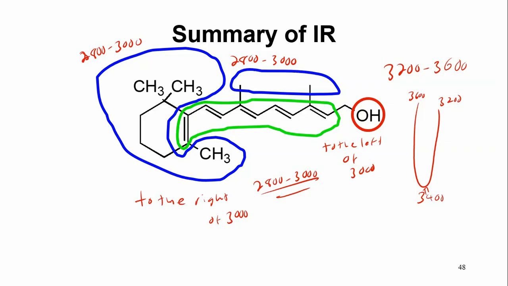We have 3000 here. This way, it's to the right. The CH of an alkyl group is to the right. The other CH is just to the left, for both alkene or aromatic.